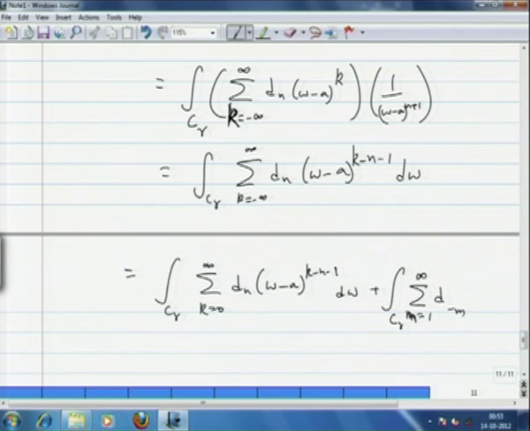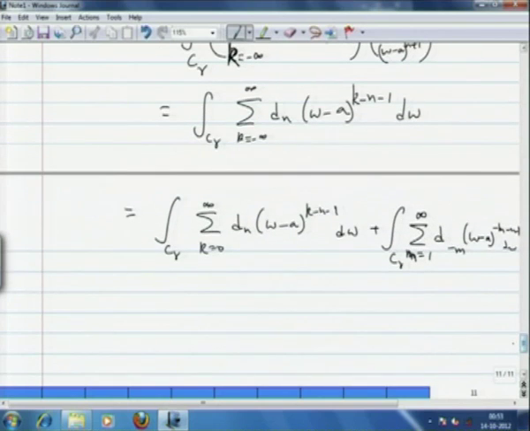So, I am splitting the integral on two series, (w minus a) power minus m minus n minus 1, dw.